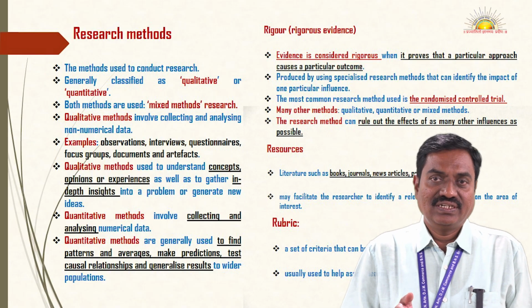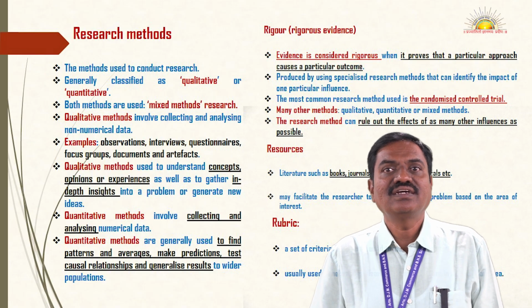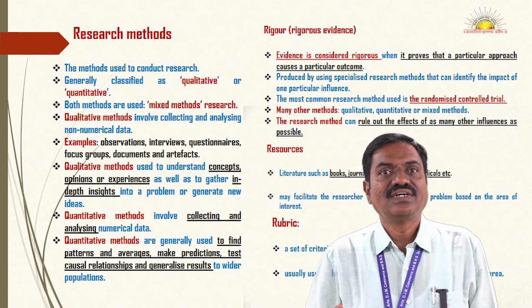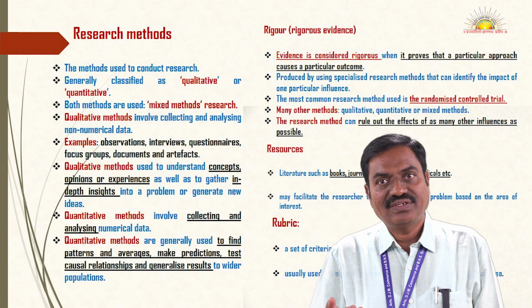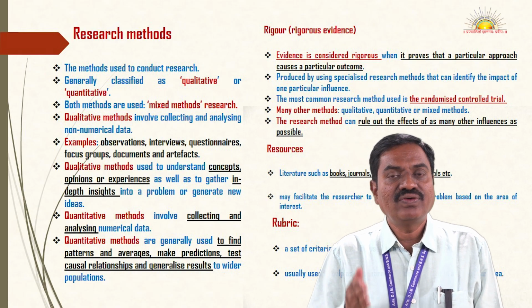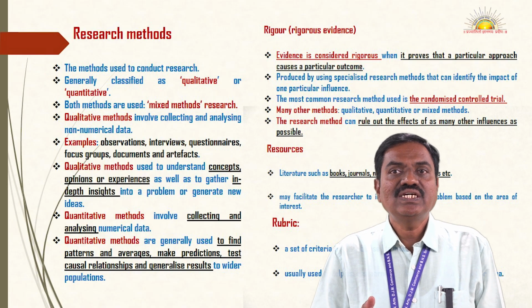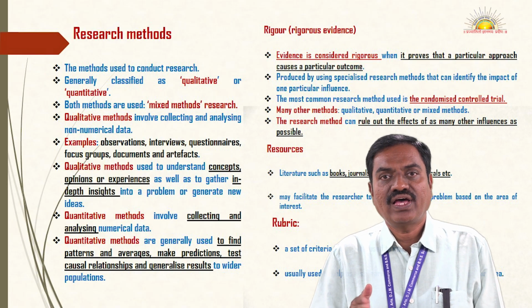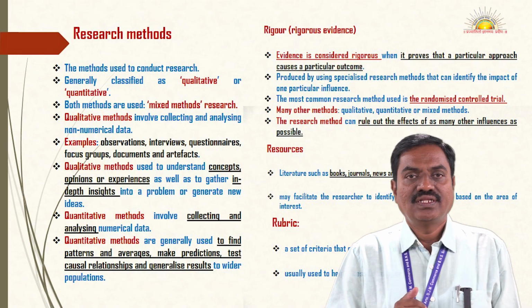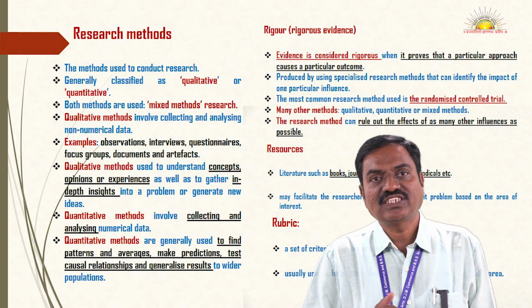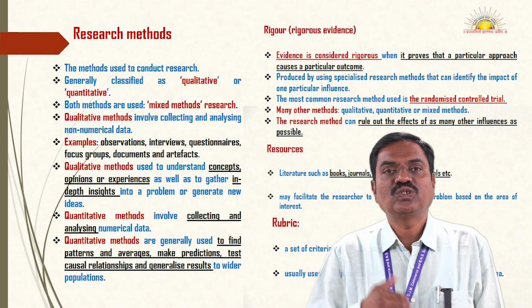What is important in producing rigorous evidence is that the research method can rule out the effects of as many other influences as possible. Now we shall go ahead with the next term, that is resources.